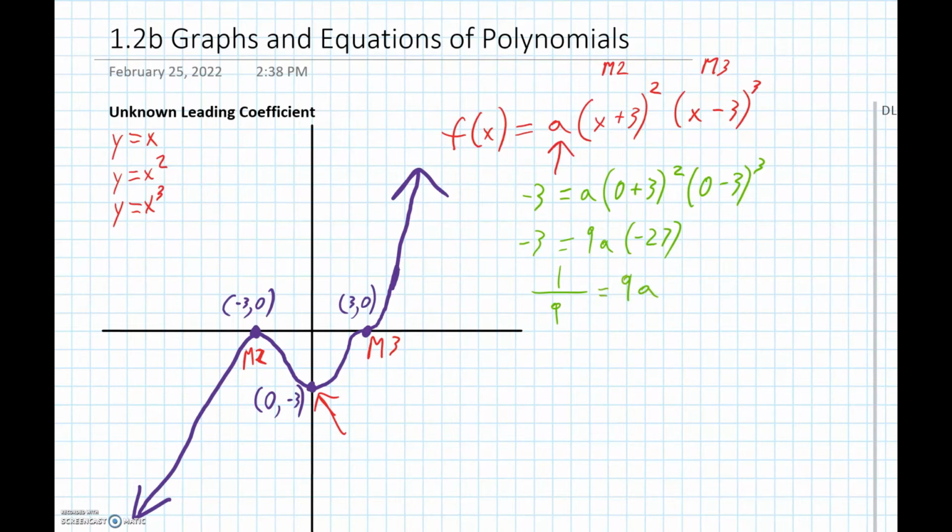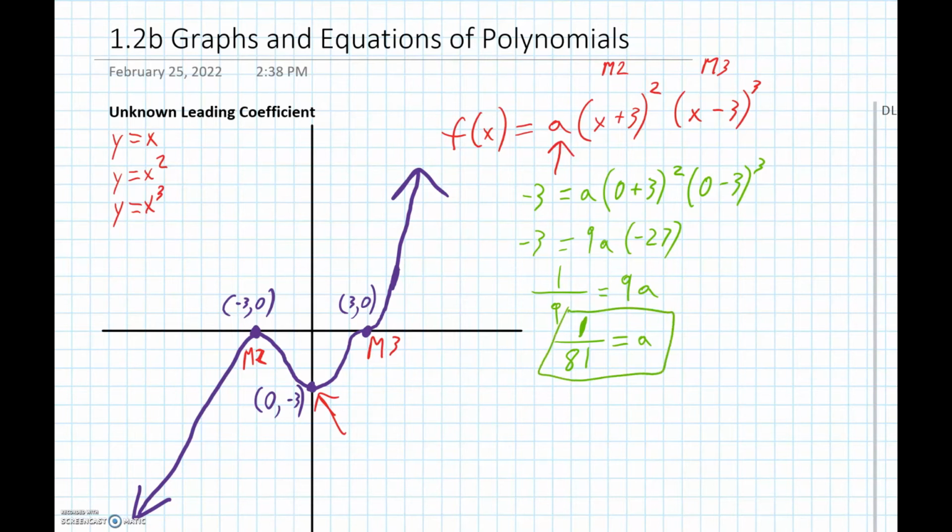If we move the negative 27 over, it cancels the negatives, and it's like 27 divided by 3, which gives us a 9. And then we could move over the 9, and again, that would be dividing by 9 to keep opposite operators, and so we get 81. So 1 over 81 is the value of a.